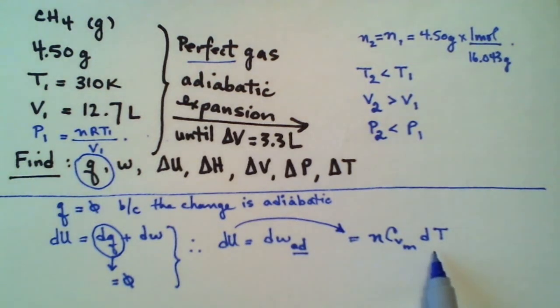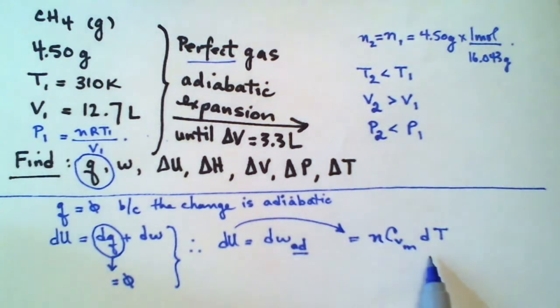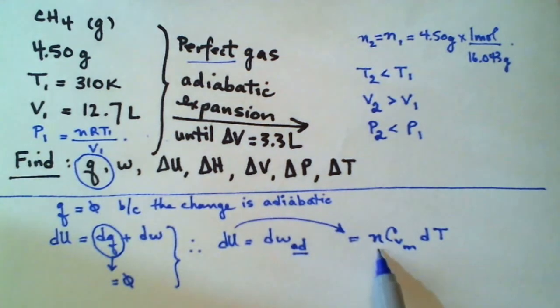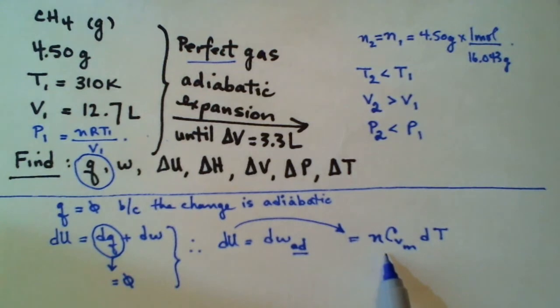So delta U would integrate as n Cv molar delta T, if I can safely assume, and I would, unless otherwise told, that the heat capacity is independent of this small temperature change and staying constant. And so that sounds like a good ticket forward. Oh, I'll just use this. Delta U is n Cv delta T. And I know n, and I know Cv for a perfect gas, or I could look it up for methane.